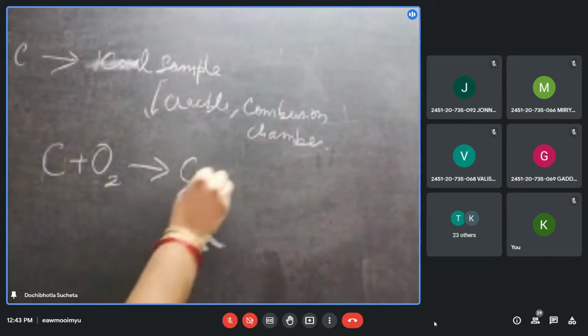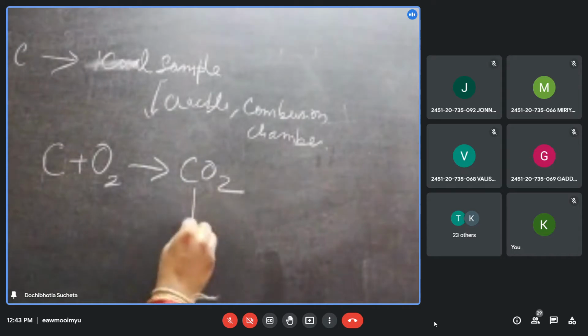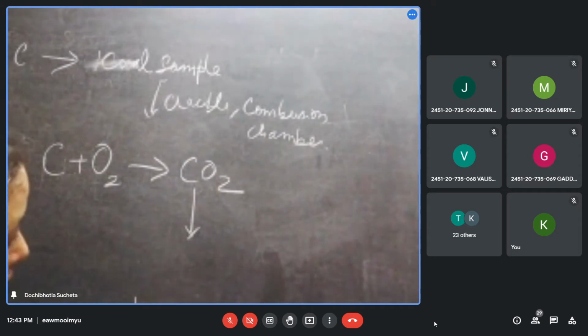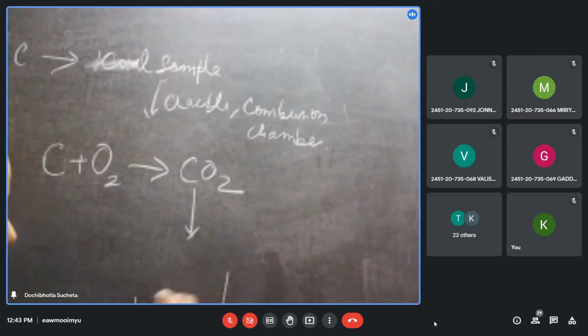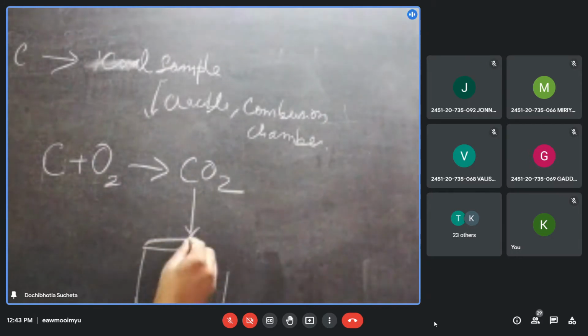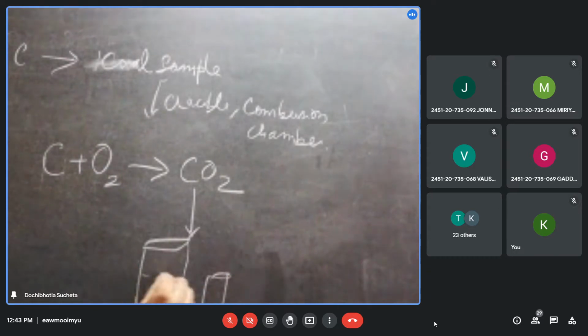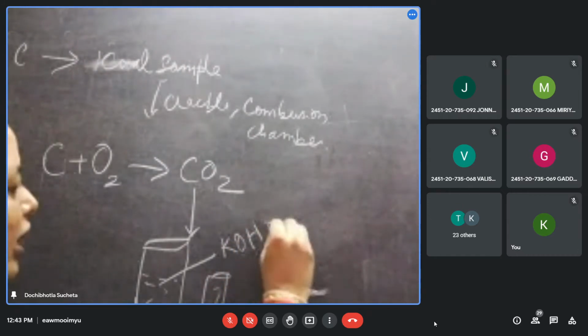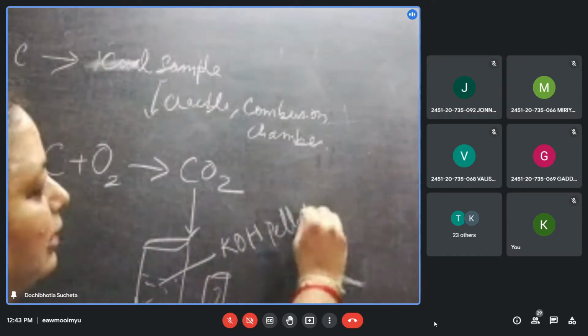That carbon dioxide is then passed into a bulb containing weighed potassium hydroxide pellets. I have this bulb which contains potassium hydroxide pellets, and I know the weight of the bulb.